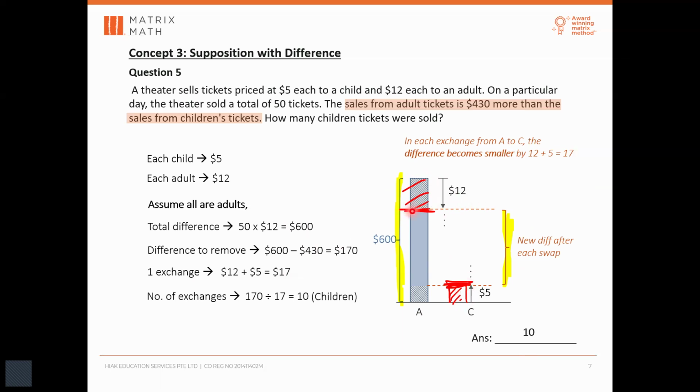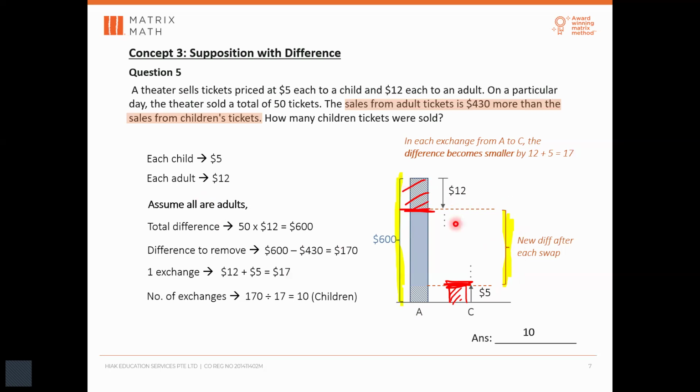So when we compare this bar here to this bar here, the difference is the one in yellow. If you cannot visualize the 12 and the 5, you just compare the bar in yellow, the difference in yellow versus this yellow. It actually becomes smaller, by 12 and 5.